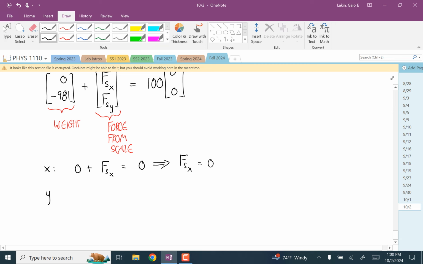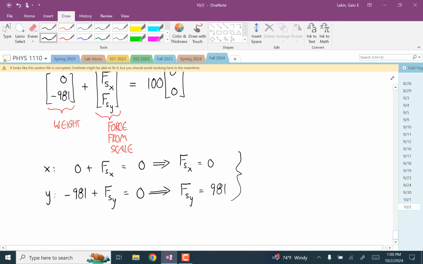And then the second equation says negative 981 plus Fsy is equal to 100 times 0. Do the algebra on that, and you get that Fsy is equal to positive 981.